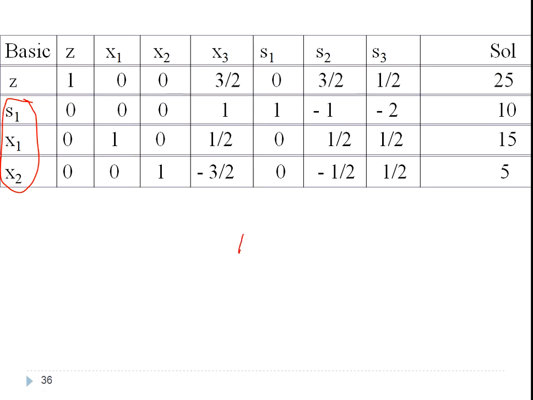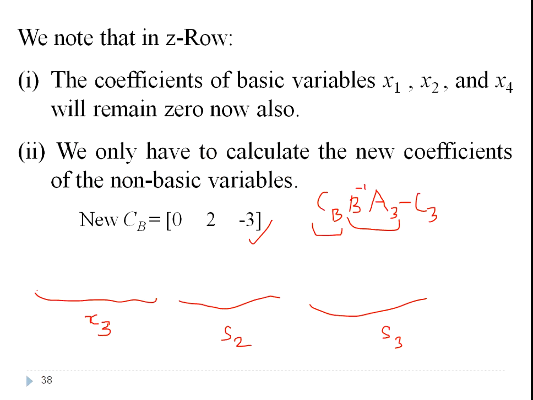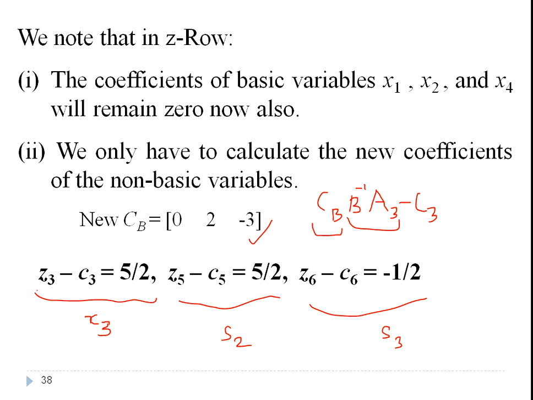So B inverse A3 is this one. This we have to pick up. We multiply CB with this, and you get the single digit value, and from that you need to subtract. This is how you reach these values. It is 5 by 2, 5 by 2 and minus 1 by 2. Now you note that this last value has violated the optimality condition.